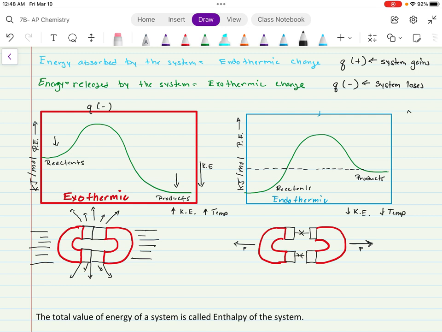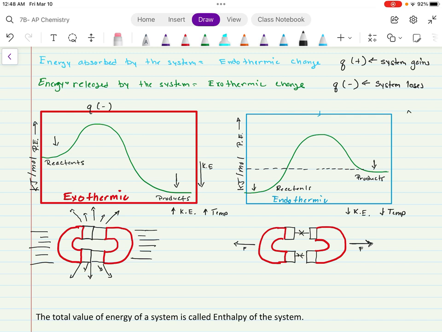So the potential energy is the energy of the system, and the kinetic energy is what we perceive, which is the energy of the surroundings. So we see in the surroundings of the system in an endothermic reaction, we see or observe a drop in temperature, right? But the system is actually absorbing energy or potential energy, which is why you see that the energy of the products here is higher than the energy of the reactants here.